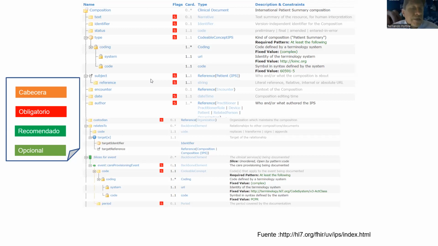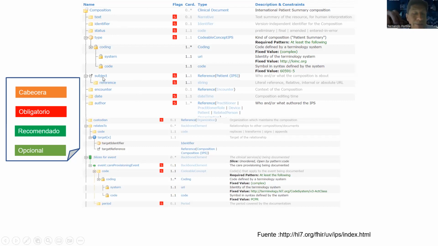But in FHIR, we have resources, as they are called, equivalent to these resources. They are called compositions in FHIR. And this is a resource with which to model clinical records, clinical documents. It has this information on the context, and different sections can be associated or linked to it.